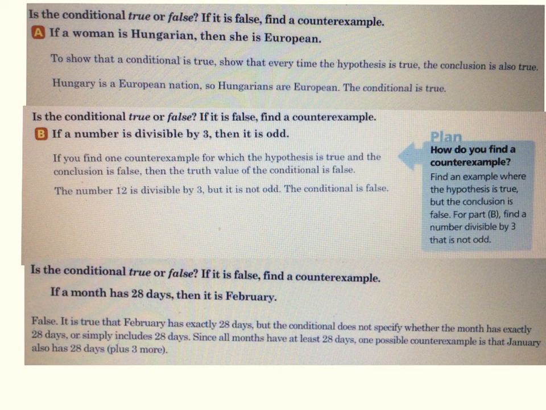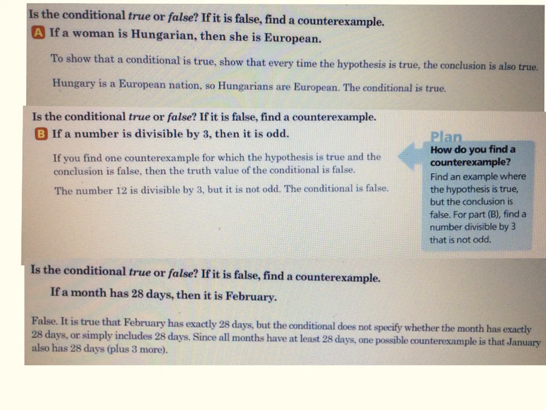Here are a couple extra examples. These are going to help you determine how to properly find a counterexample of a conditional statement. So you have the first one, if a woman is Hungarian, then she is European. And then the explanation with the answers below that. Then the second one, if a number is divisible by 3, then it is odd.